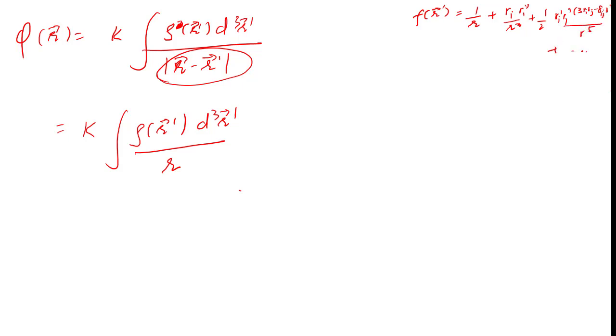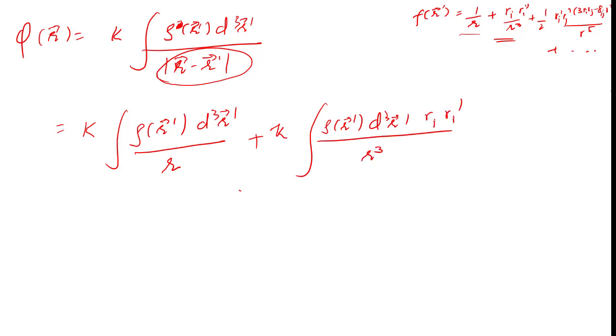This was what we got on the last slide, and I'm simply substituting these factors. Then I have the second term to be k times rho of r prime d cube r prime, this ri prime divided by r cube. Similarly, the third term would be rho of r prime into this term, which goes as r to the power 5, right?